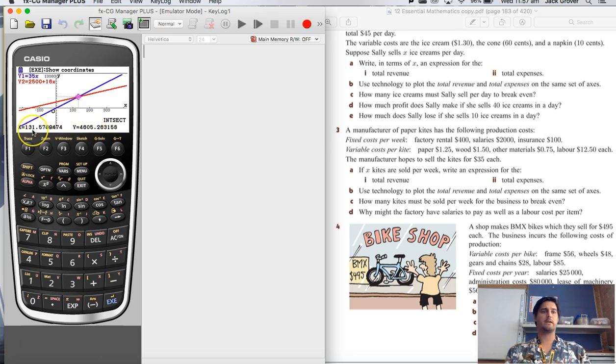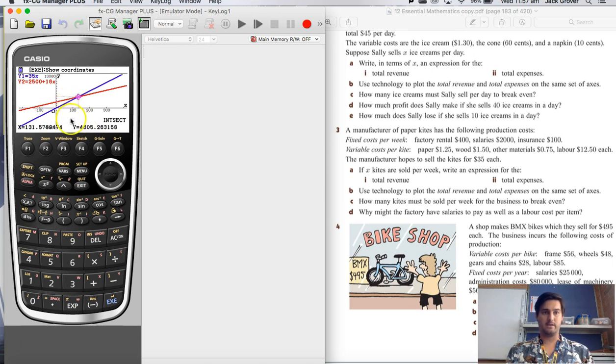What that's saying to us is that we would need to sell, and this is important, we would actually need to sell 132 kites to break even. If we sold 131, we wouldn't quite have enough money to break even. If we sold 132, we would have enough. We'd have a little bit more. We always round up in that situation when we're talking about units that we're buying, because you can't buy 0.57 of a kite.